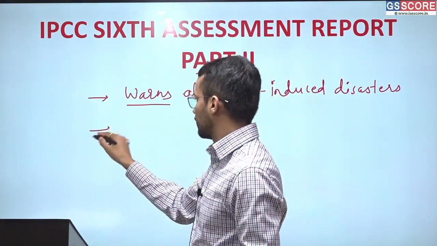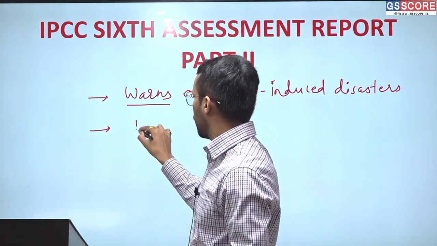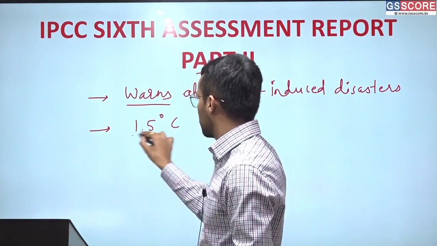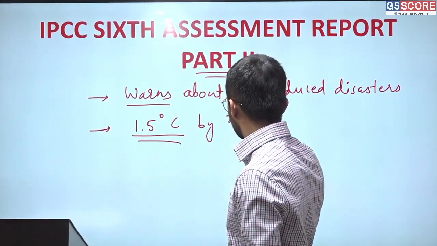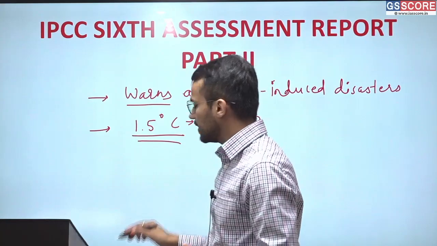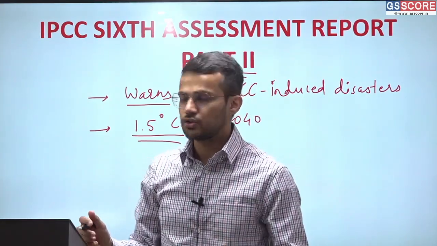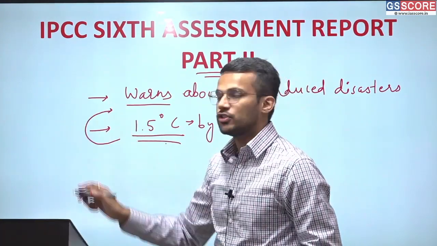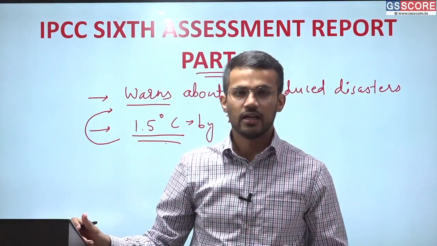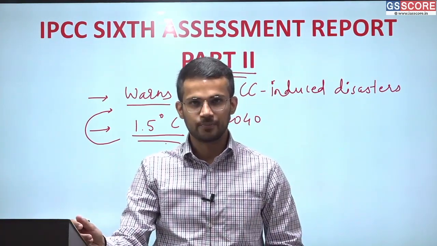Because as per this report, we will be breaching the 1.5 degrees Celsius target by 2040. This target will be breached by 2040. And due to this breach of the 1.5 degrees Celsius target, there will be climate change induced disasters that human beings will have to witness in the next couple of decades.